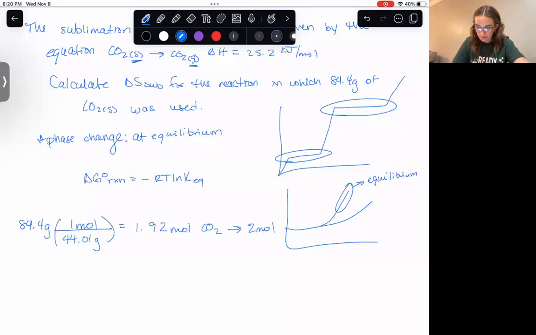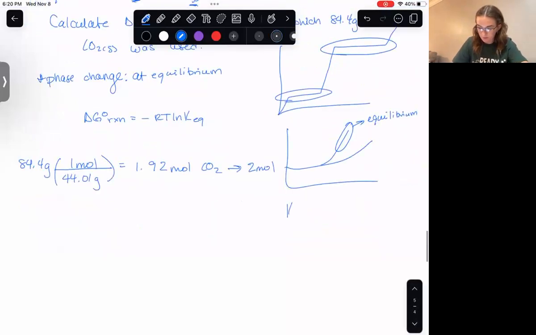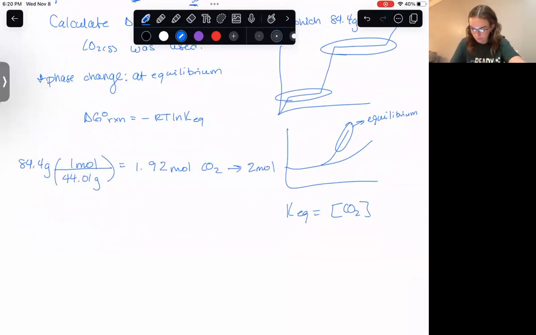Right, your KEQ is just your concentration of CO2. And I think part of me wants to use PV = nRT to get the pressure.